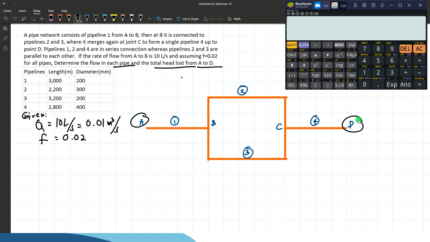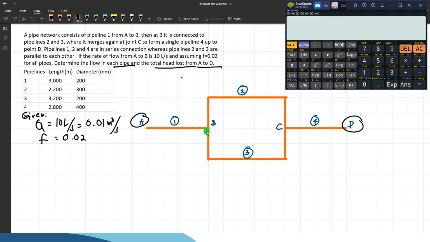So here, using the given principles again, discharge and head losses, we also use the same principle in pipe connections. So we do the same solution from there.